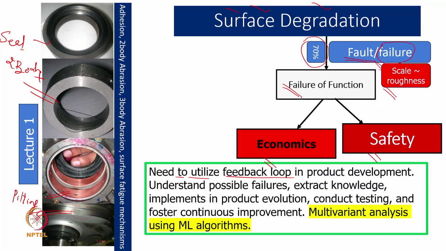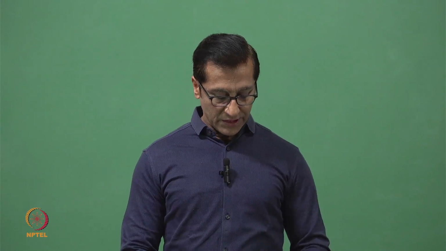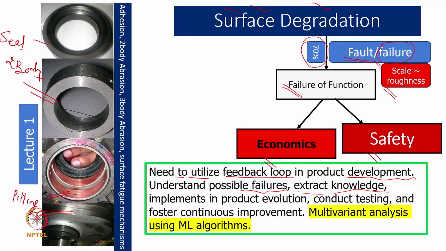If I try to reword what I said, there is a need to utilize a feedback loop, particularly for product development. For that purpose, we need to understand the failures, and I give emphasis to the faults which are going to finally lead to the failures. We need to extract the knowledge.